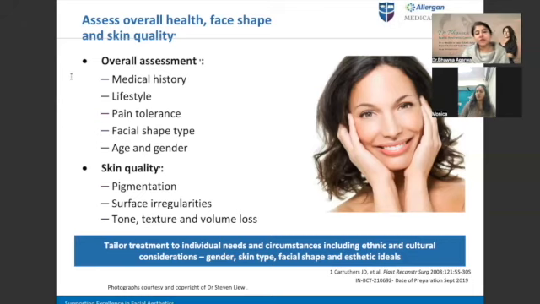Now, skin quality will have 3 components. One is the pigmentation. The other is the surface irregularities, uneven tone, texture, and the volume loss. So skin quality is determined by these 3 factors. And now what people say is that earlier they were thinking that there are signs of aging which make you look aged, but now they feel that skin quality is more important as compared to 1 or 2 signs of aging.